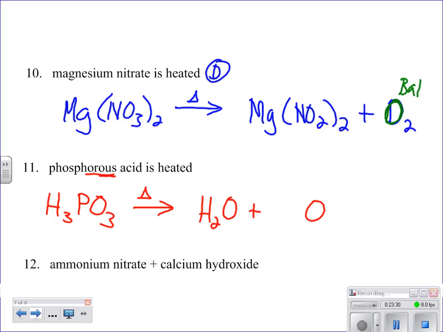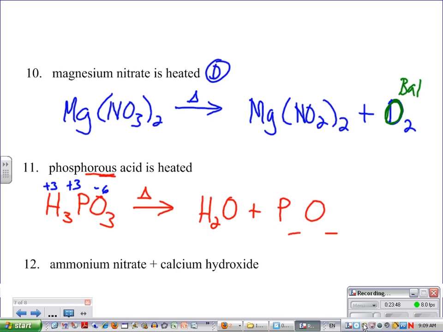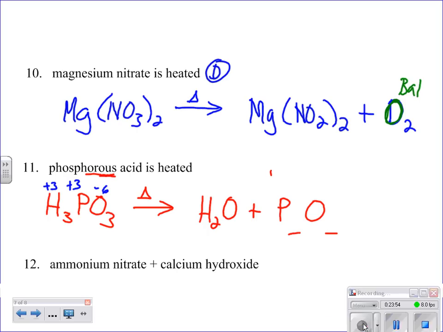So we know it's going to be phosphorus and oxygen, but what we don't know is what these subscripts are going to be. So we come back over here, and in fact, I'm going to pause this and let you guys figure it out. Okay, everybody has come up with plus 3 as the correct charge. So if this is plus 3, this is minus 2, that is what we end up getting.